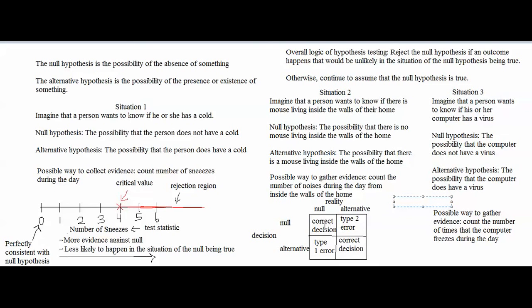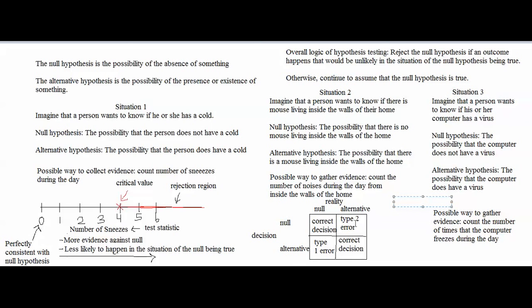So the analogies that people usually give for type 1 error and type 2 error is that a type 1 error is like sending an innocent person to jail, meaning if you think of the null hypothesis as being no guilt, the absence of guilt, and the jury rejects that null hypothesis and concludes that the person is guilty, but it turns out that the null really is true and the person is not guilty and innocent, then that's a type 1 error.